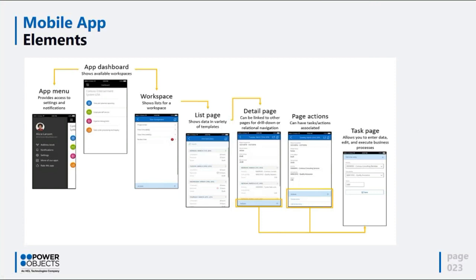And then at any time, you can pull down from the top of the mobile app to refresh the data or the metadata. Obviously people are going to learn that they're going to want to initiate that refresh on a regular basis if they're a heavy user of one of these mobile apps.